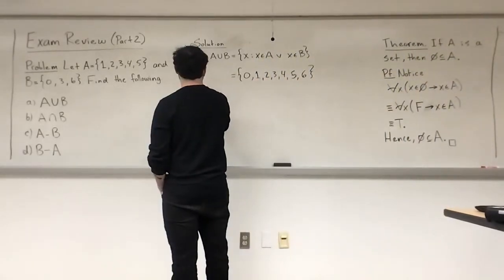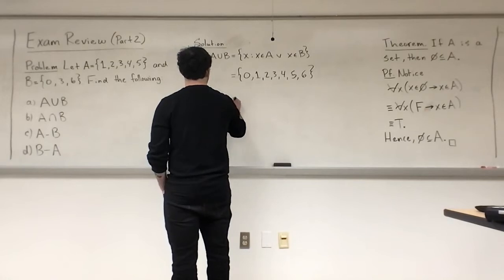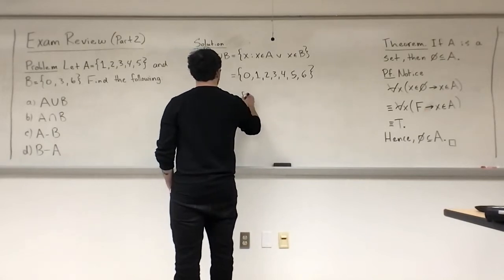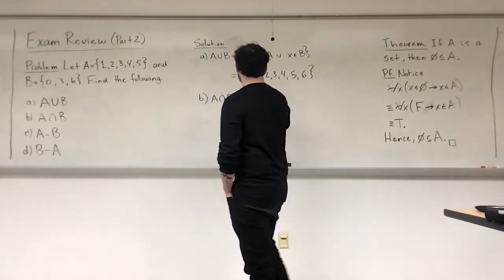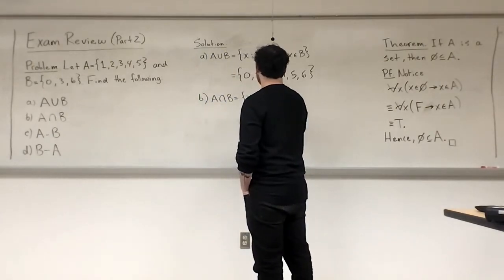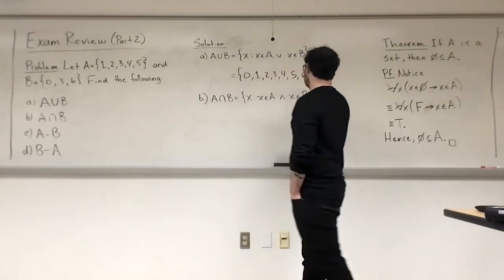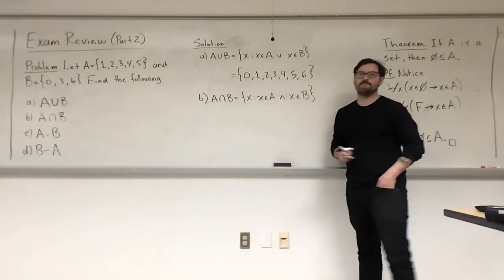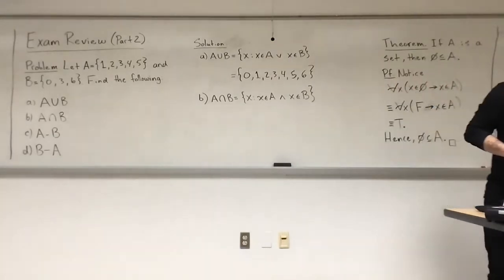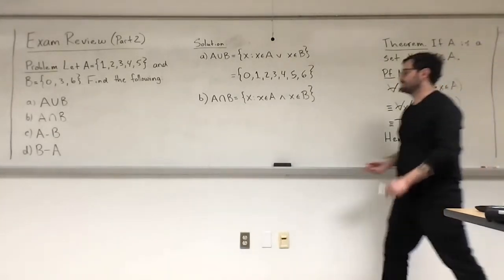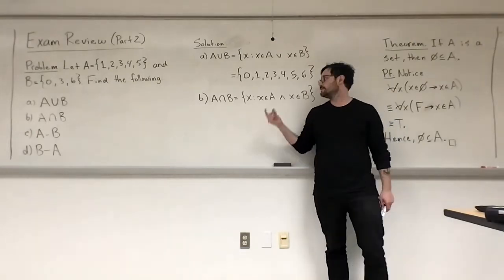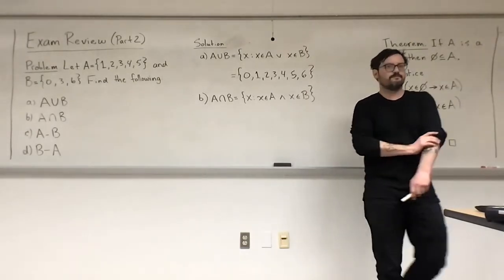B, A intersect B. That's the set of all x such that x is in A and x is in B. So now this is the conjunction between that proposition and that proposition, right?